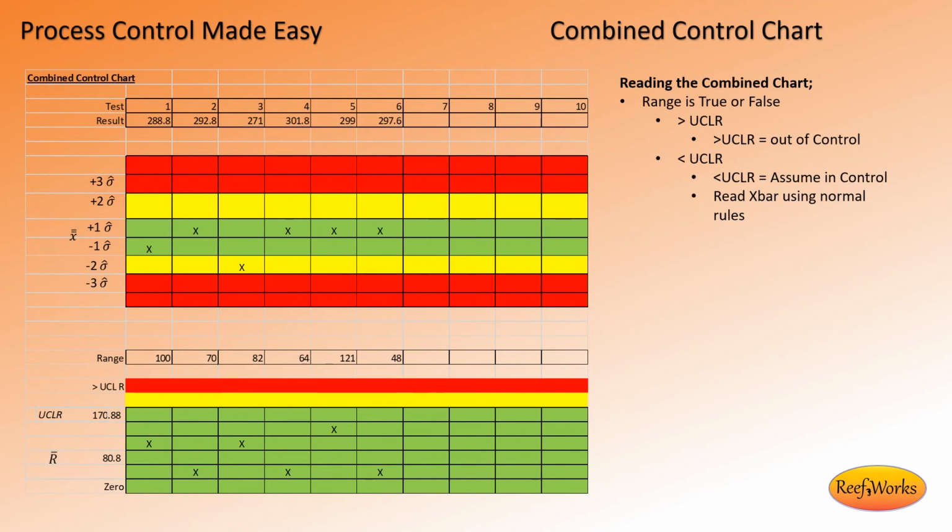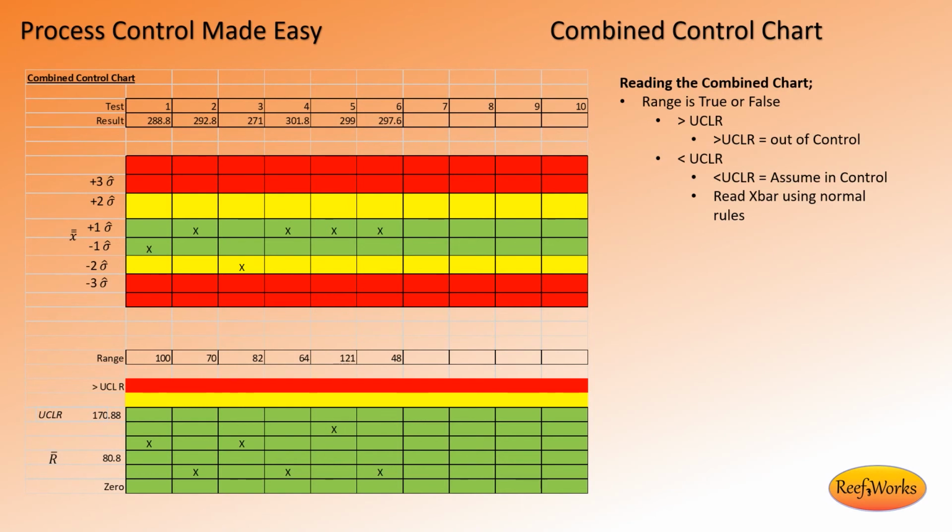We assume everything's fine. We plot that, and indeed, we're between the X double bar and -1 standard deviation. So in this case, everything is perfect. Assume you're in control and move on.